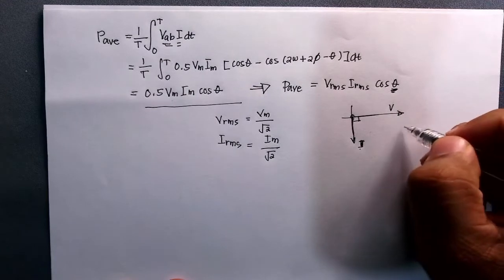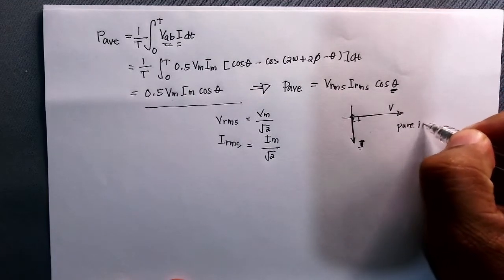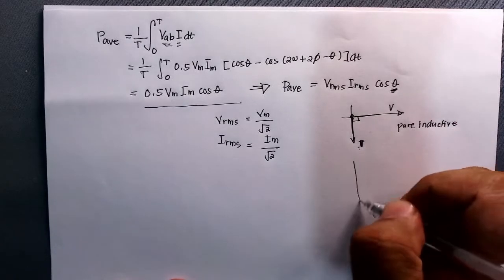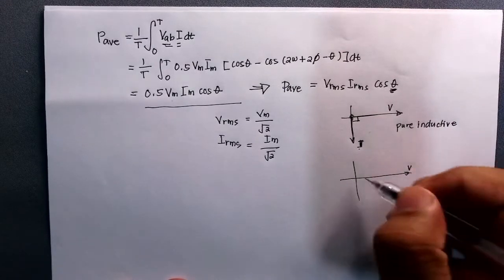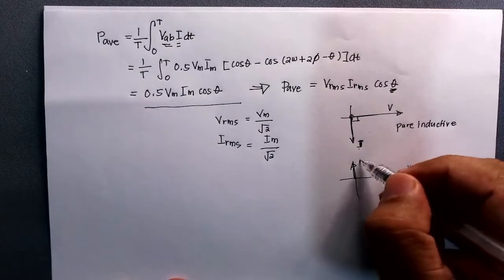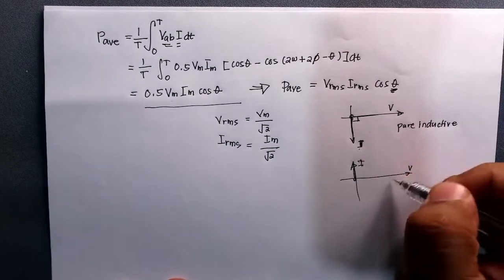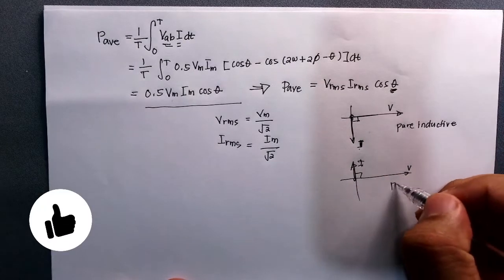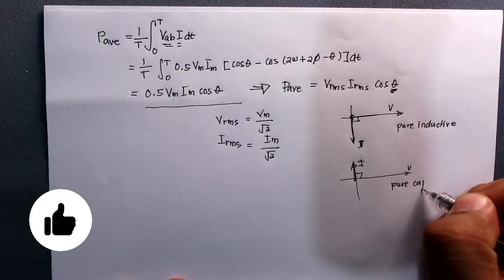So this is pure inductive. Now, if your representation is like this one, this is your voltage and your current is going up, so your current leads the voltage by 90 degrees. So this is pure capacitive.